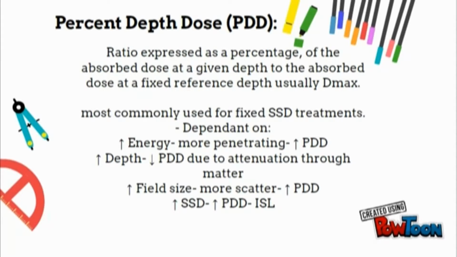Dependence on energy: the higher the energy, the more penetrating, the higher the PDD. The greater the depth, the lower the PDD due to attenuation. The larger the field size, the more scatter, the higher the PDD. The higher the SSD, the higher the PDD, also due to the inverse square law.